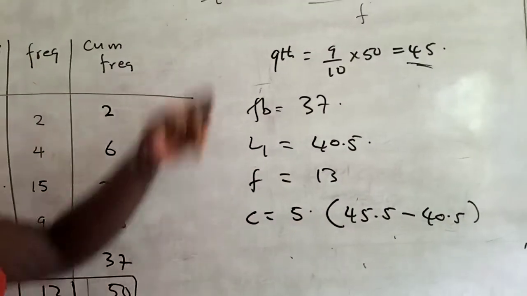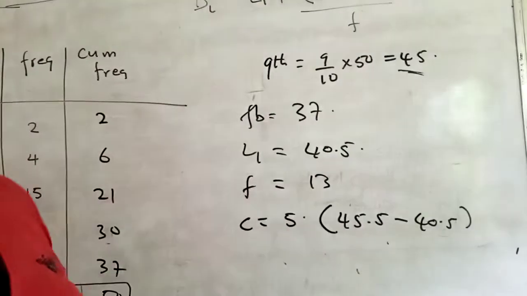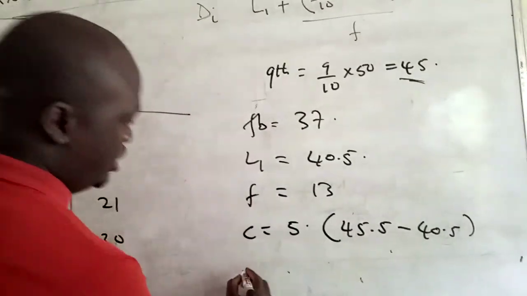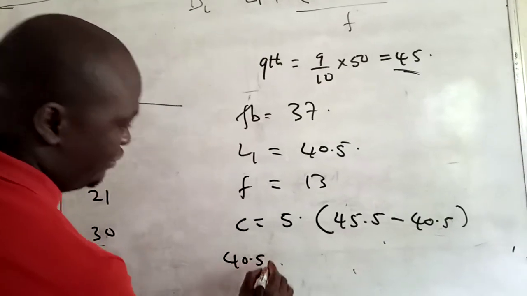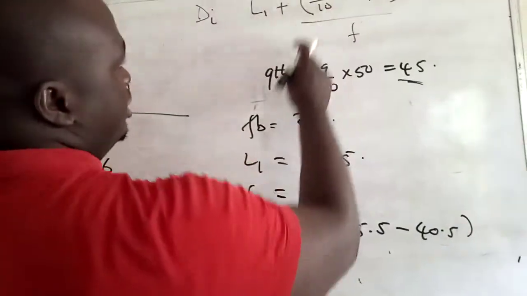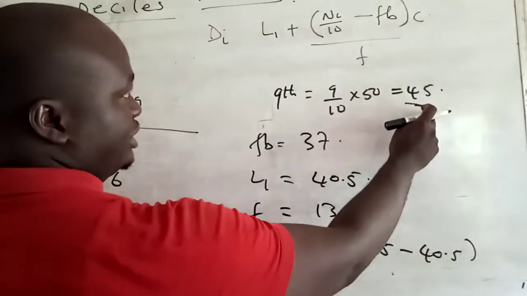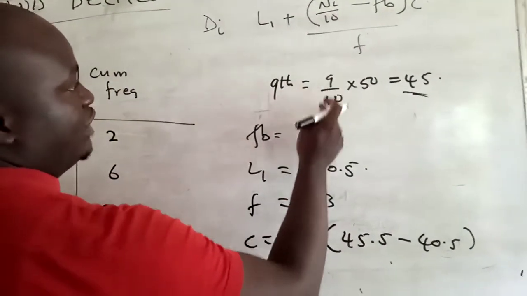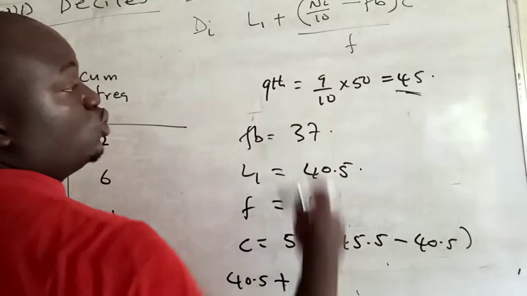Good. So all you need to do is just insert it into your formula and you get your answer. So L1 is what? 40.5, right? Plus this is the 9th decile divided by 10 times the total number of frequencies.